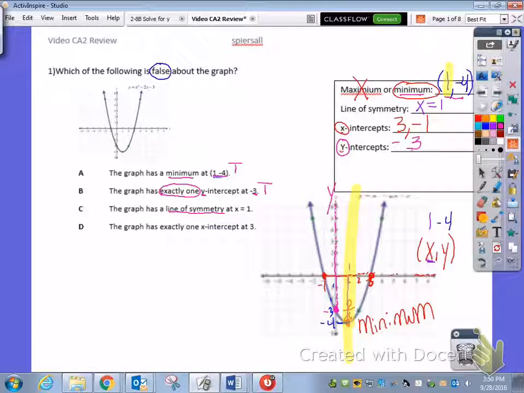Line of symmetry, X equals 1. That is true. Exactly 1 X-intercept at 3. My X-intercepts are 3 and negative 1, so it only says 3, and this is false. So which one is false? It would be D.